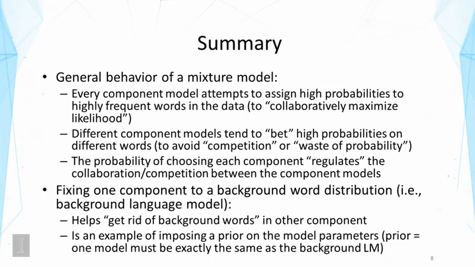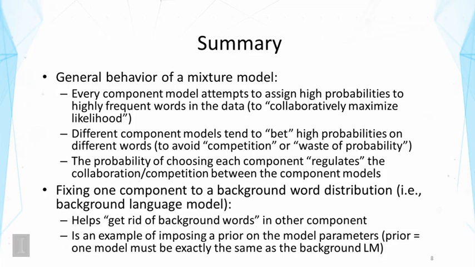This distribution can be estimated by using a large collection of English documents, using just one distribution, and then we just have normalized frequencies of terms to give us the probabilities of all these words. Now, when we use such a specialized mixture model, we show that we can effectively get rid of background words in the other component, and that would make the discovered topic more discriminative.